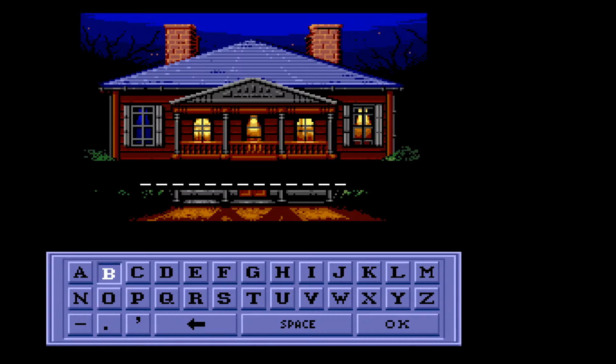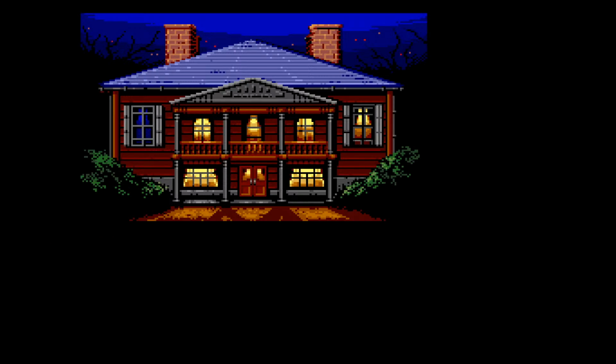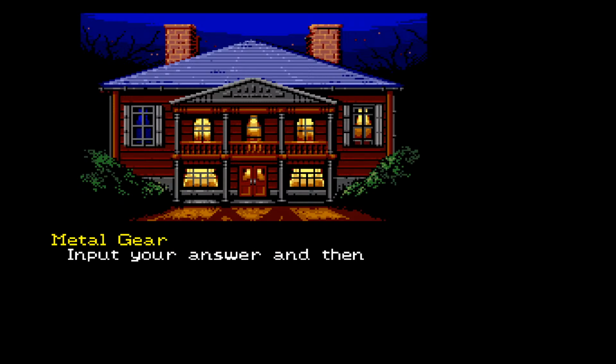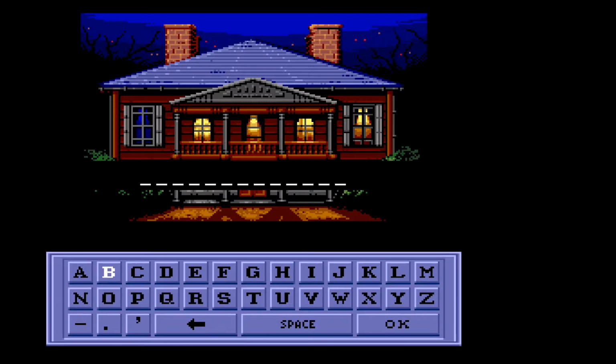Do I type birthmark or do I type heart? I'm going to just say birthmark because I think that's likely what it's looking for. Wait, shit. Okay, so yeah, I was right.